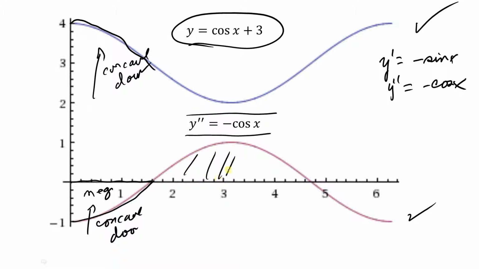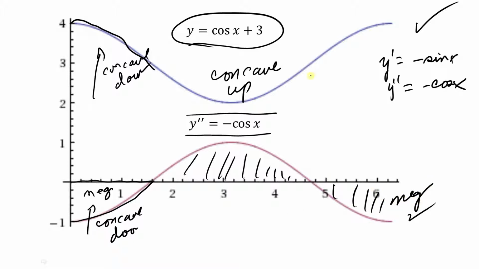Now, where the second derivative is positive, we expect the original function to be concave up, and sure enough, the function y is concave up. And then finally, when the second derivative is negative again, we are concave down again.